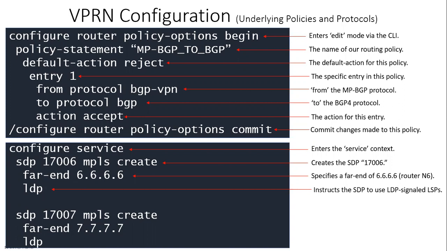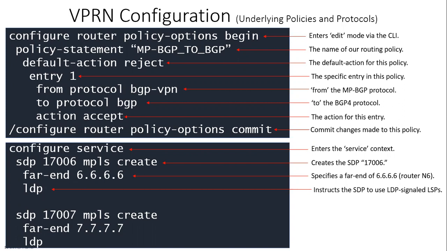So first, I start with the policy that's going to redistribute the routes from our egress label edge router's BGP VPN table to its VPRN's BGP table. First we have to enter the policy options edit mode, so we do that with the command configure router policy options begin.